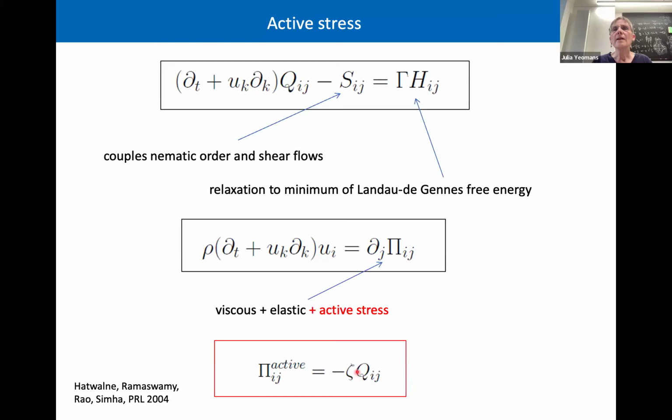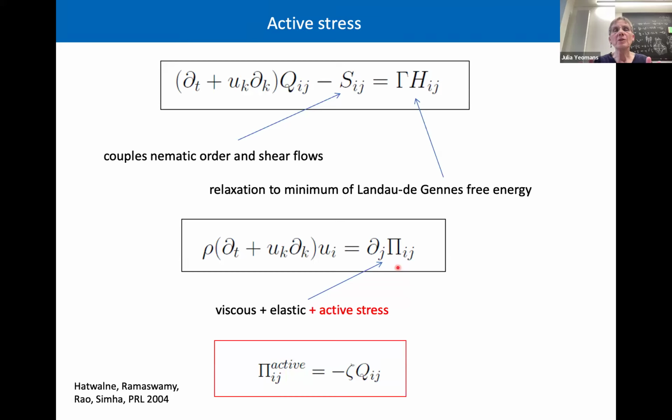So this comes in there. It comes in the stress. It comes under a derivative. So what it means is that every time you have a gradient in Q, or in zeta for that matter, but a gradient in Q will give you a non-zero term here, which means you have additional stresses and additional forces, and those are going to drive flows.